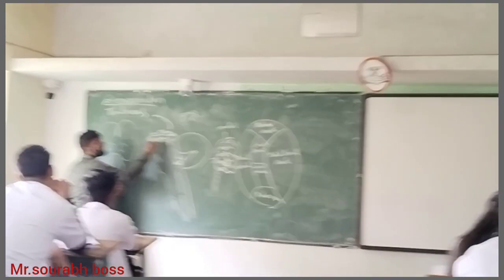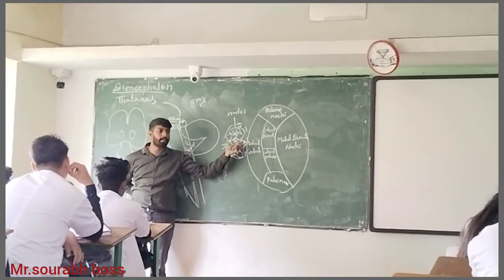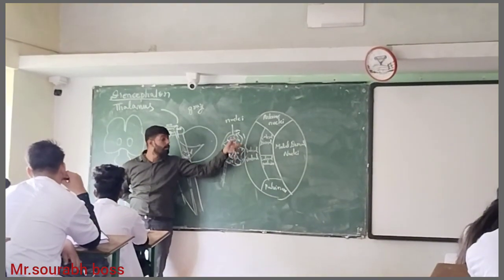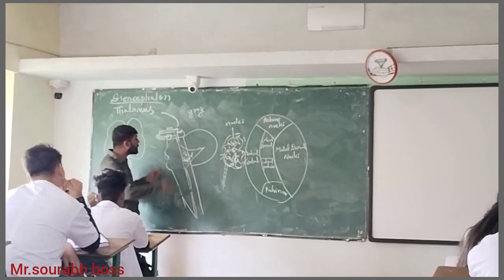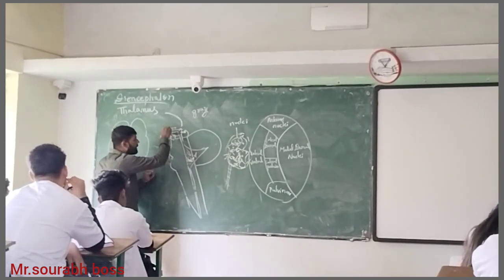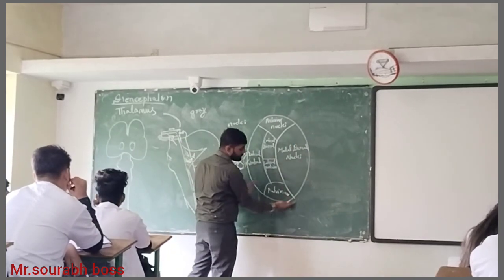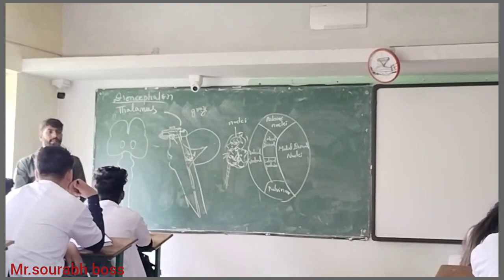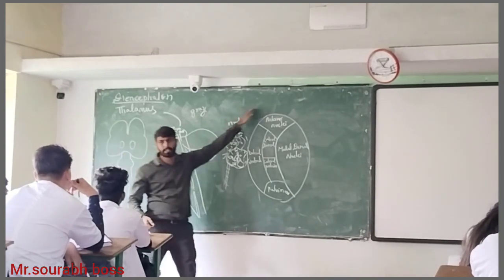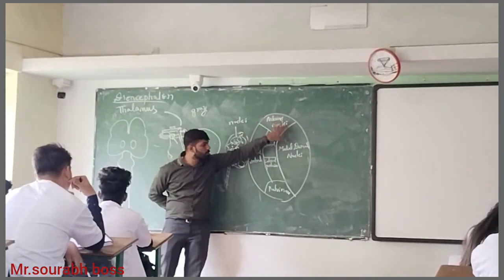Why does it give a grey color? Because it has a large number of cell bodies present. More cell bodies, what we call nuclei. So if you cross section the thalamus, it looks like this, like an egg shape. You have all seen an egg, right? The thalamus looks like an egg, and you can see there are so many nuclei.